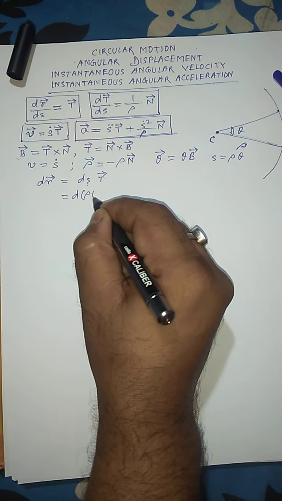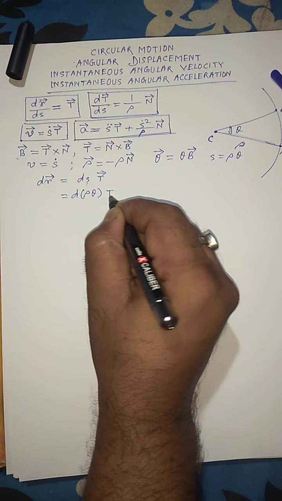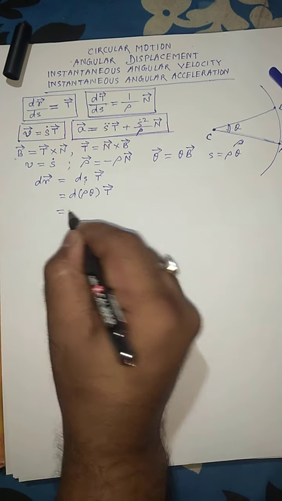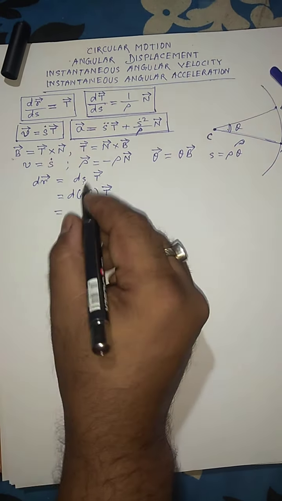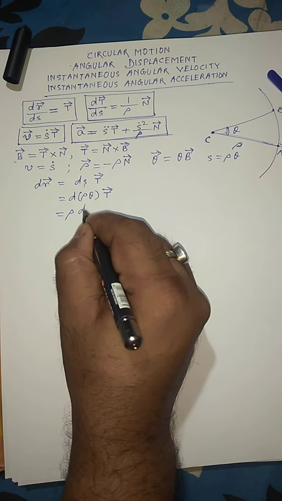Then in place of s we can write rho theta unit tangent is equal to, rho is a constant, so rho d theta.